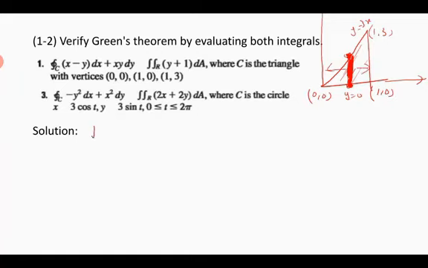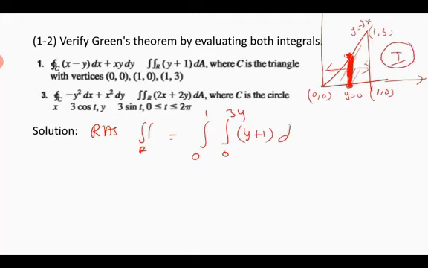So the right hand side double integral over R can be written as the double integral, x from 0 to 1, y from 0 to 3x, of y plus 1 dA, as a type 1 region we are considering. So dy dx, the limit of y will be variable, the limit of x will be constant from this graph. Integrate it with respect to y, and substitute upper and lower limits.